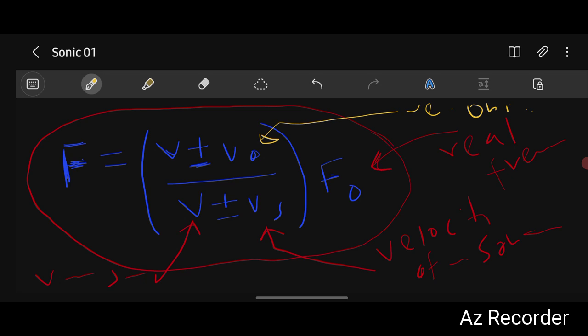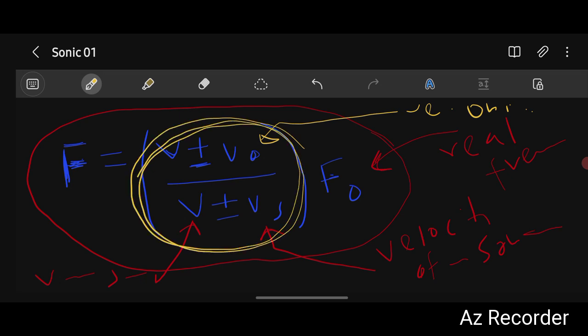It's easy to practice: when this division is present, the observer is on the top and the velocity of the source is at the bottom.